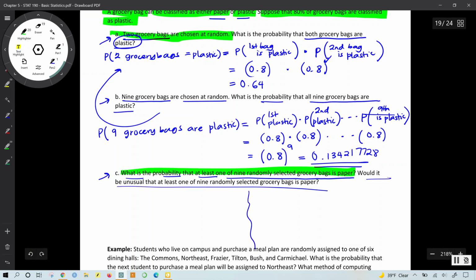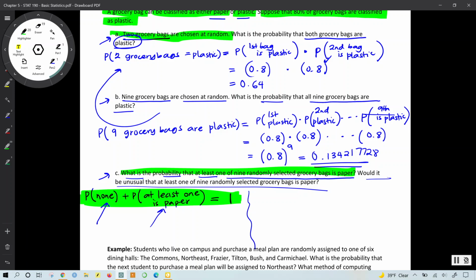First of all, you should note that the probability that none plus probability that at least one is paper is always equal to 1. This is always true. This is a key point to note because these are complementary events. You either get none of something or you get at least one of that thing, of that group or set of things.